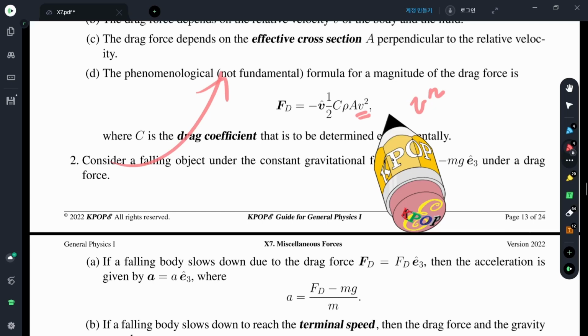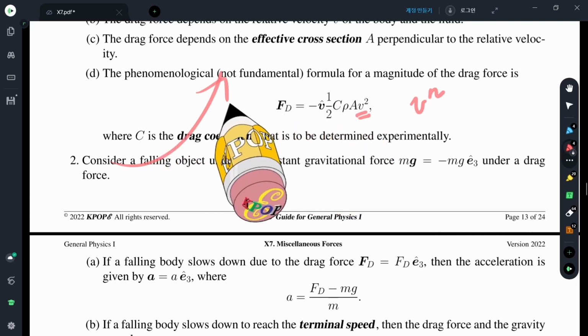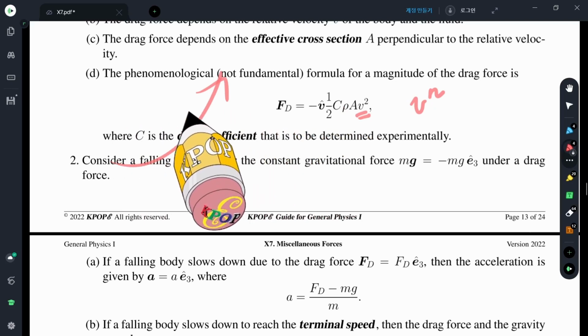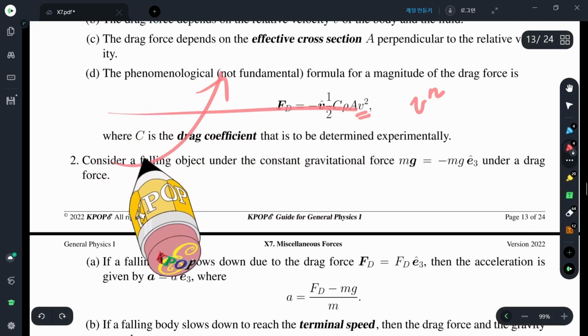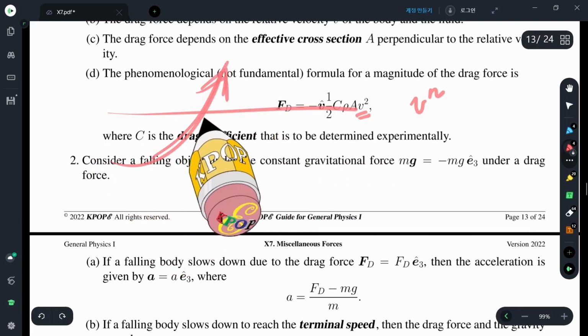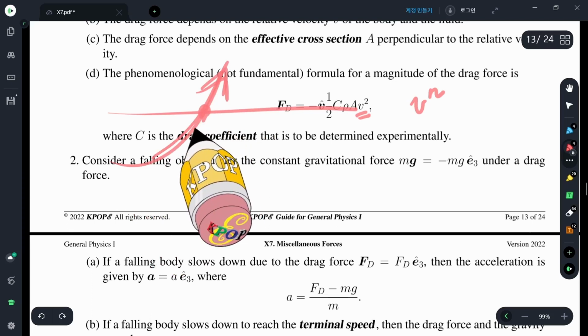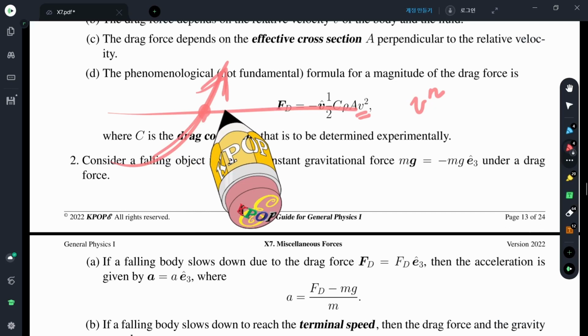Under a constant force, for example, uniform gravitational acceleration, it always hits. However, this is a resisting force.